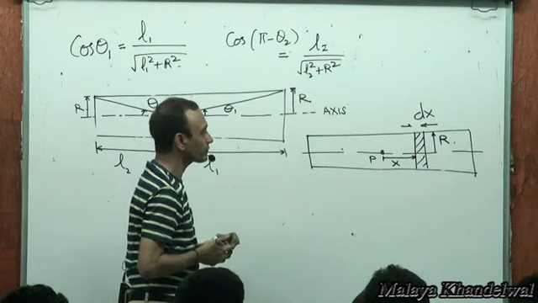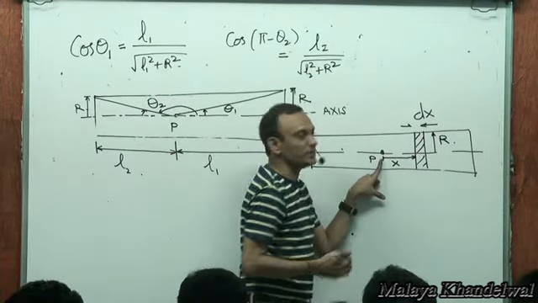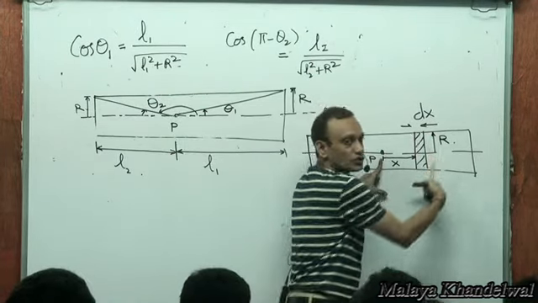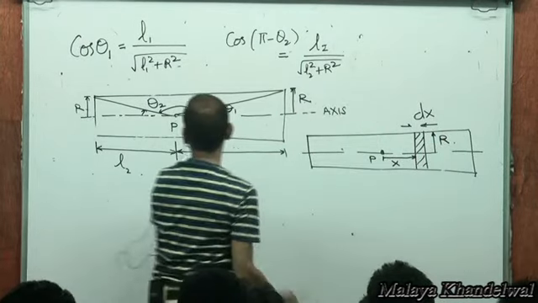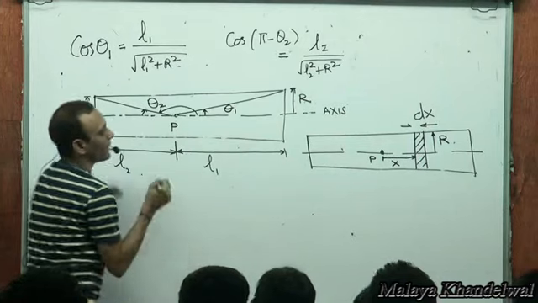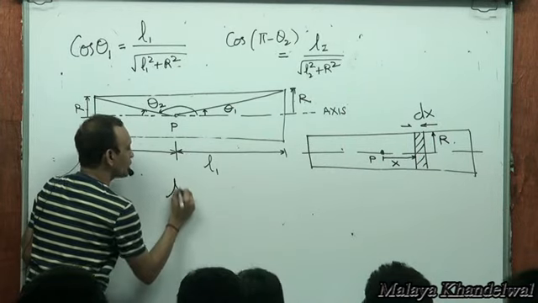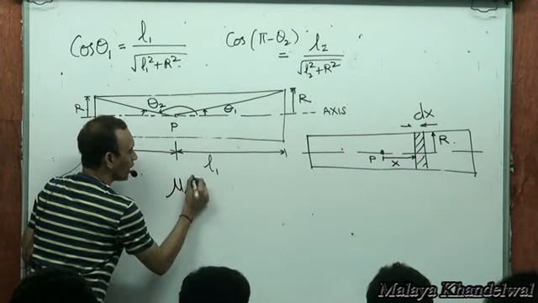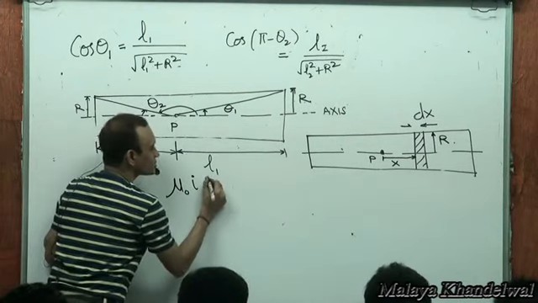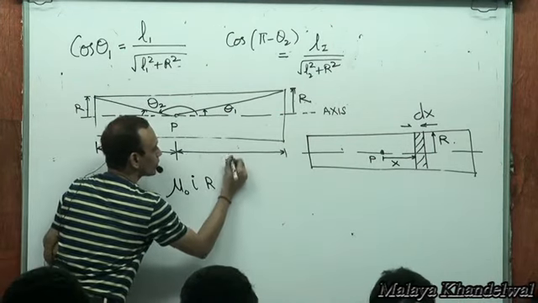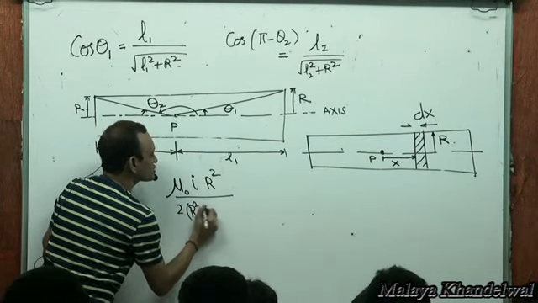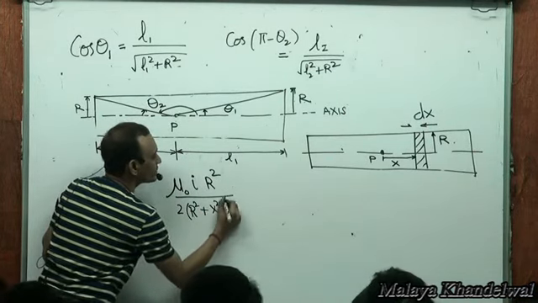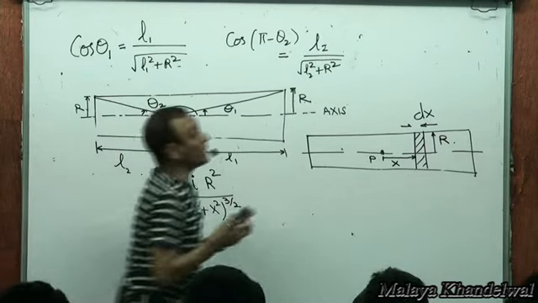The magnetic field at P because of this dx, a circular ring. This is a point on the axis of the circular ring which carries a current I. The magnetic field is going to be mu naught times I r squared by 2 times r squared plus x squared to power 3 by 2, into the number of turns.